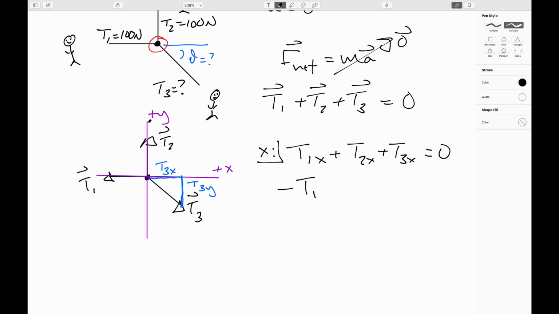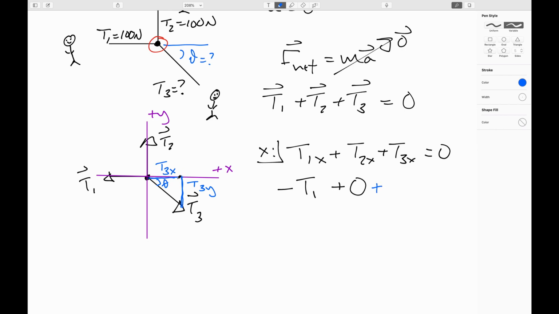T2 points purely in the Y direction. It has no piece in X. So the X component of T2 is just 0. The only one that is going to give us any heartburn here is going to be finding T3X. T3X is, first off, plus because we are pointing to the right.